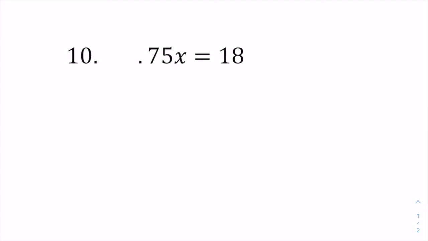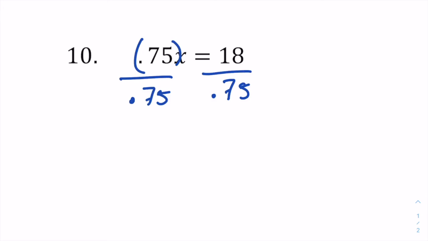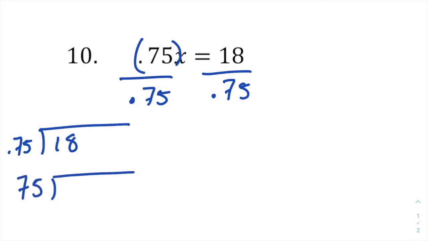The last thing that you might be faced with is decimals. And if you get decimals, you're more than welcome to go ahead and just use your rules for decimals. So we could go ahead and divide by 0.75 here and divide by 0.75 here. For me, I'm going to have to go ahead and set up my division here. I'm going to go dividing by 0.75. I want to divide 18. Now our divisor we can't leave as a decimal, so we have to make that 75, but we have to make this 1,800.